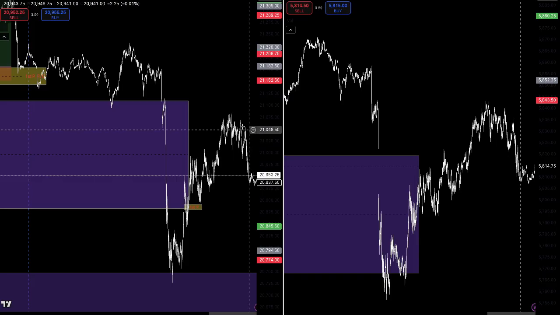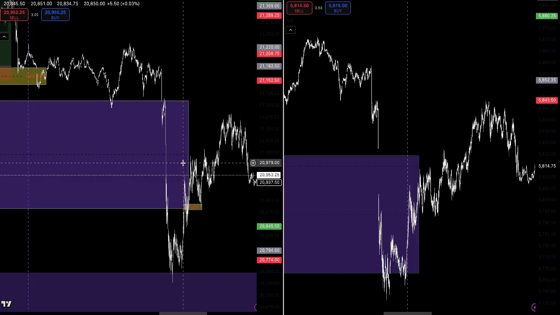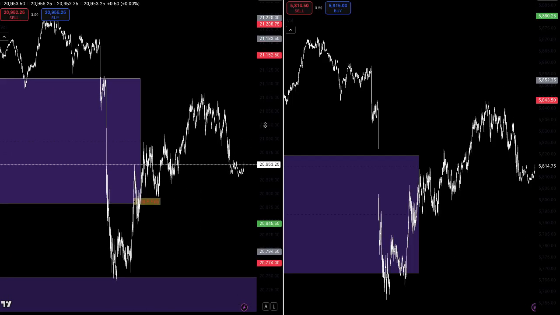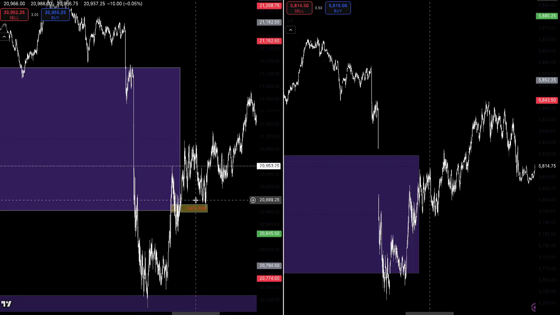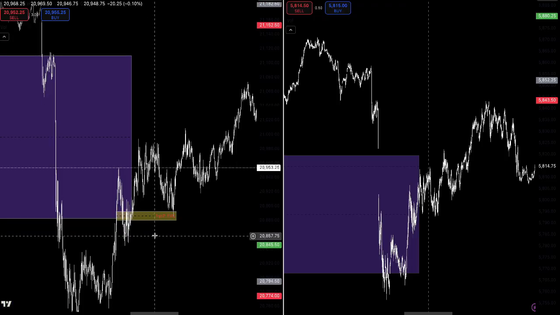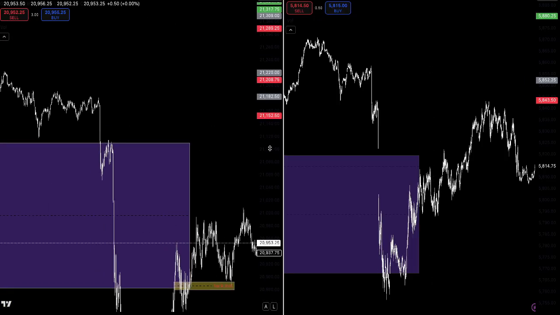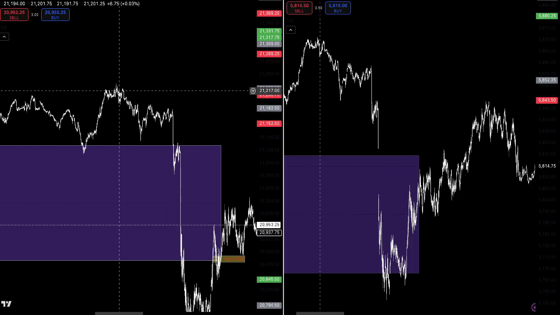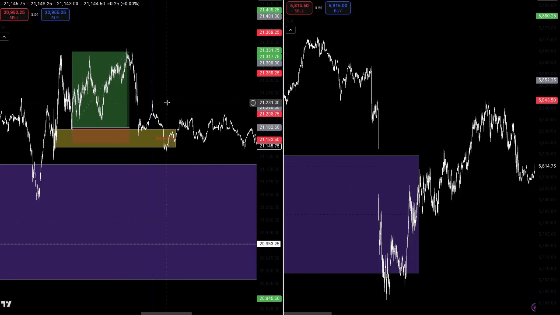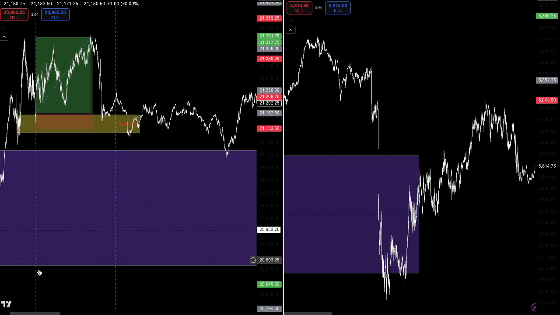So what we see here, we have the first presented. Well, let's start with the Asian range, as a matter of fact. We're gonna draw the Asian range.